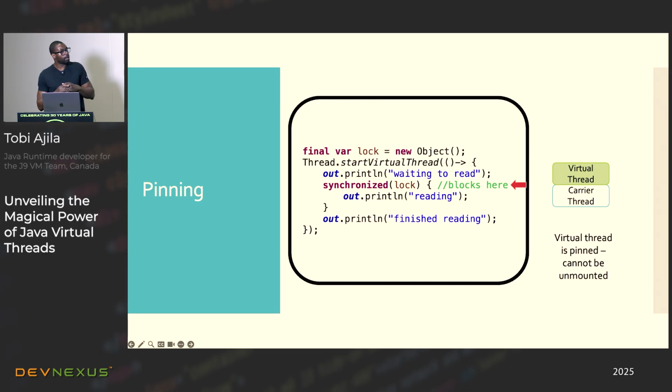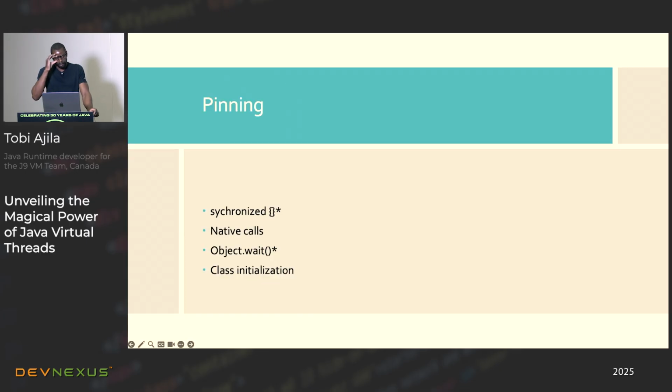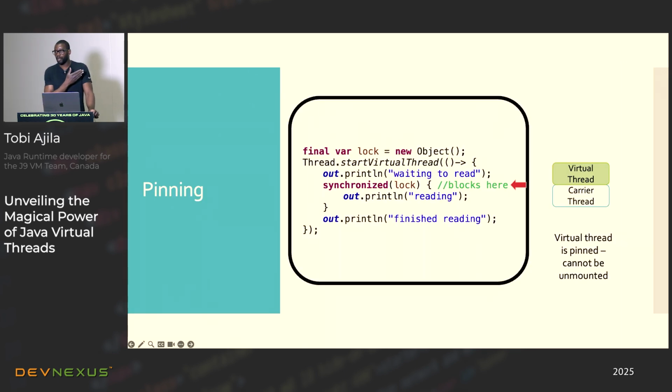And so this can be the cause of throughput loss, because if this happens on many of your carrier threads, you've effectively limited your ability to execute any code there. Now, the good news is that in JDK 24, what I previously mentioned, this is true all the way up to JDK 23. This is exactly how it would behave.